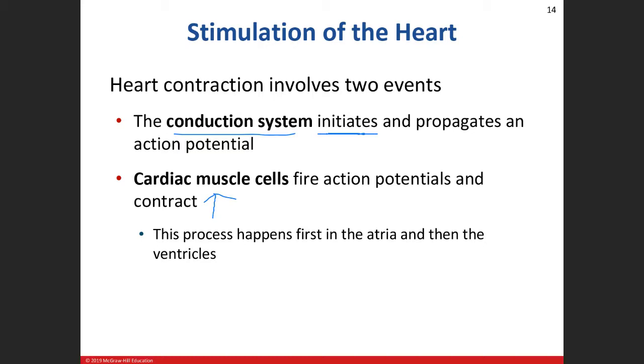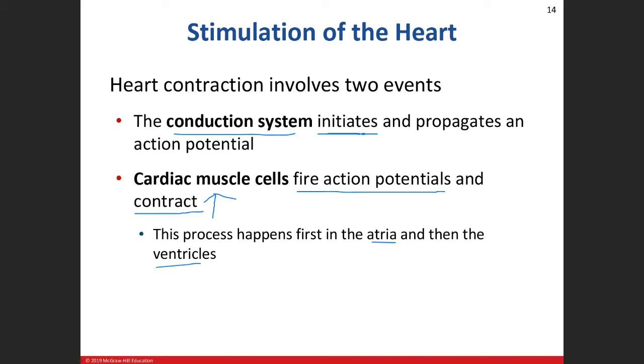Muscle contraction. So that's what we're seeing here. They fire the action potentials, which cause depolarization, which then causes muscle contraction. It starts in the atria and finishes in the ventricles. It's a top-down phenomenon: atria contract first, ventricles contract second.